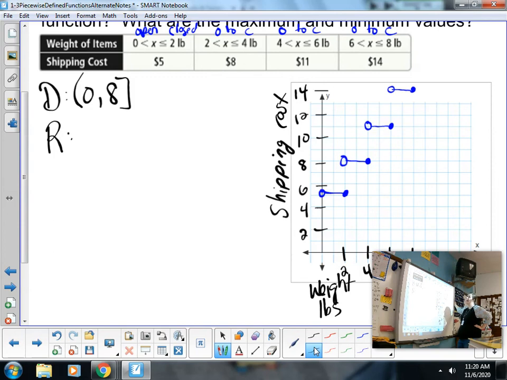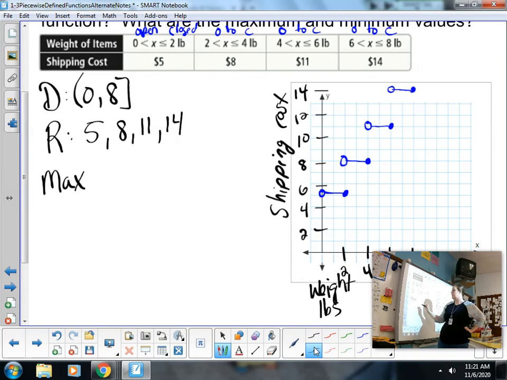And we don't actually have weights that correspond with those. So because my function is just this series of horizontal lines, I'm just going to list out the range numbers. And this is the only time you're allowed to do this. The only time you're allowed to list the range numbers like this is if there is no other possible y value that could be in this question. And that's what's happening in this situation.